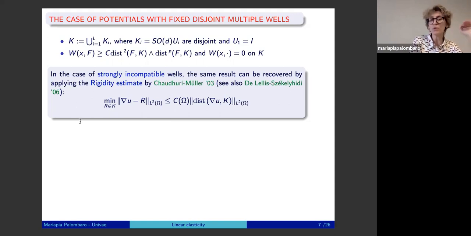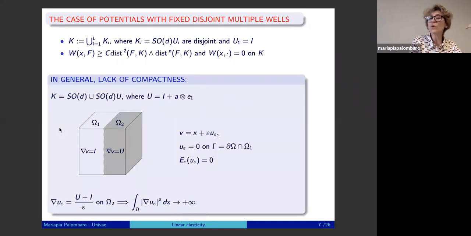But this is a very special case, the case of strongly incompatible wells. If this assumption is not made, then we cannot expect compactness.